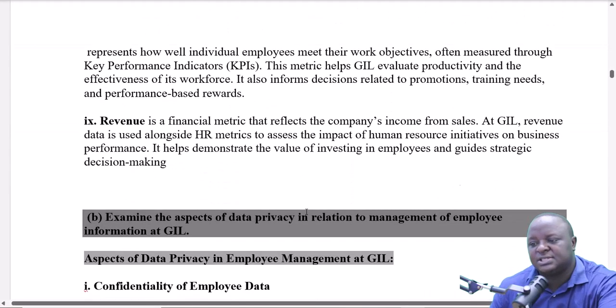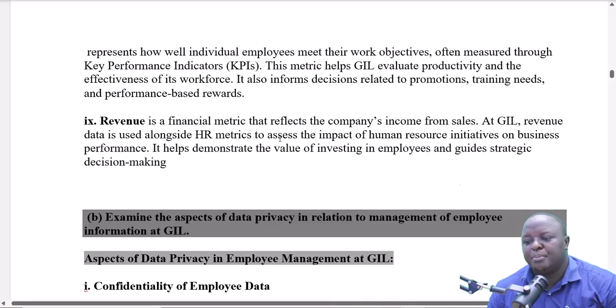And lastly, it's all about revenue, a financial metric that reflects the company's income from sales. At GIL, revenue data is used alongside the HR metrics to assess the impact of human resource initiatives on business performance. This helps demonstrate the value of investing in employees and guides strategic decisions.